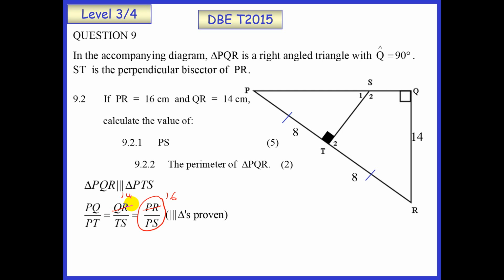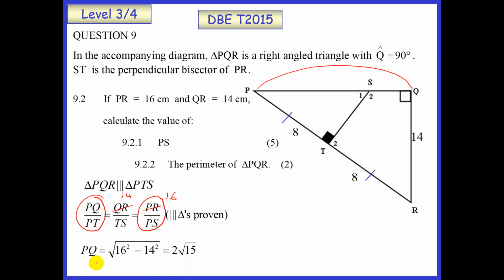Then we can go to PQ. Do we know what's PQ? Not at this stage. And do we know what's PT? Yes. So you'll notice that we can find PQ using Pythagoras, which we're going to do.